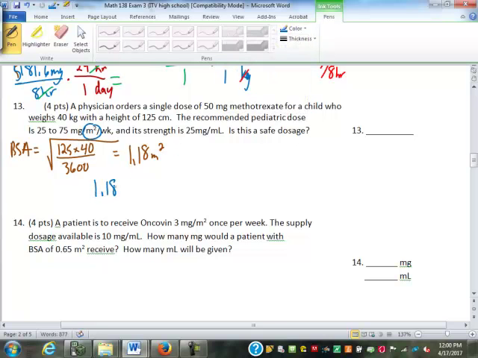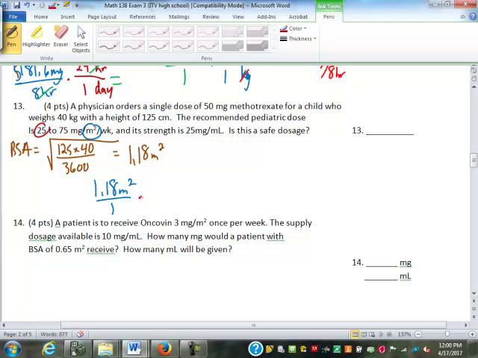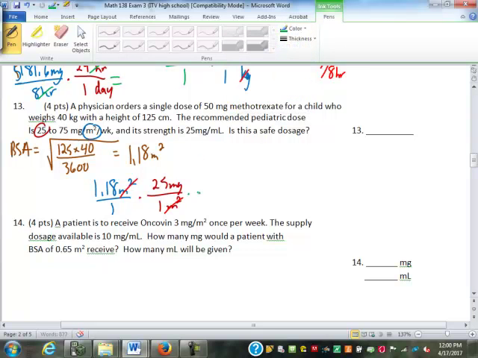So I would take that 1.18 square meters over 1. And I'm going to start out with the minimum, the 25. So that's 25 milligrams per 1 square meter. So the square meters will cancel here. And then I have milligrams to milliliters. I have 25 milligrams in 1 milliliter.